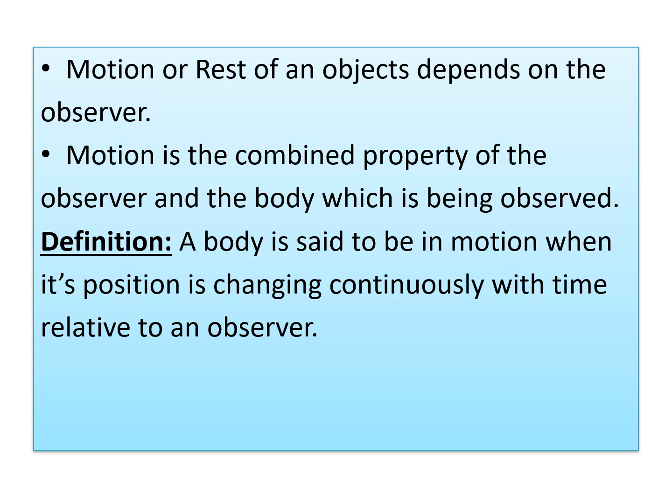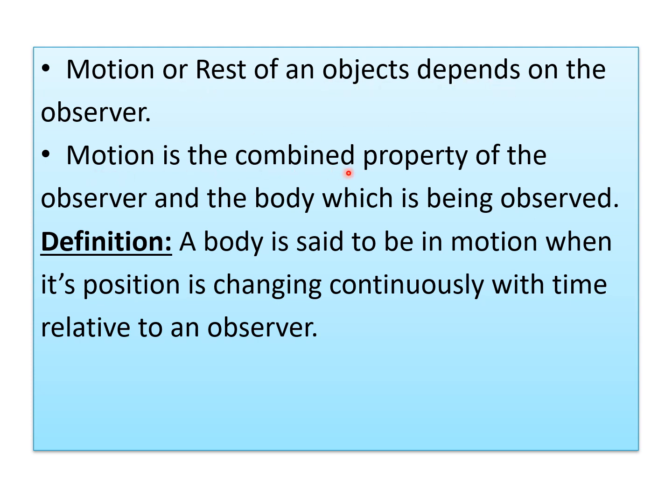Whereas the car is in motion with respect to the tree, and it is moving due west with respect to the passenger. So motion or rest of an object depends upon the observer.